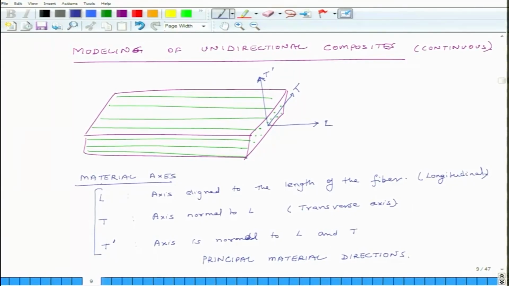So, we calculate our Young's modulus with reference to these axes, stresses and so on and so forth.